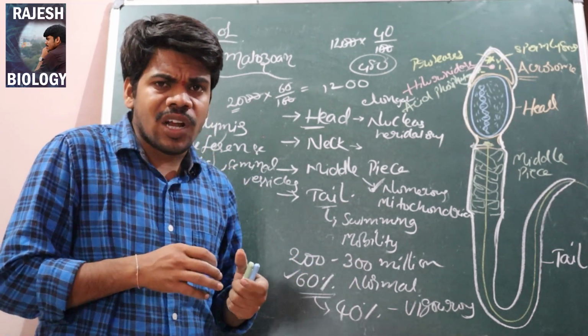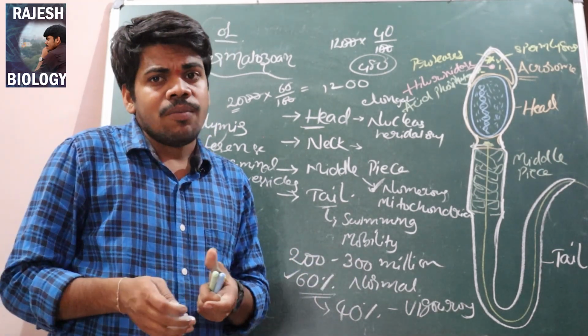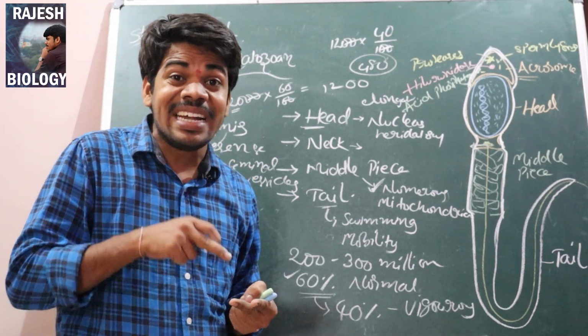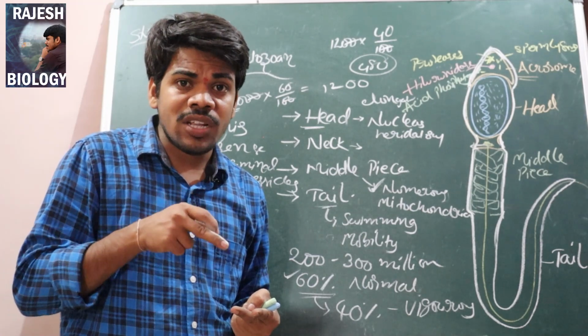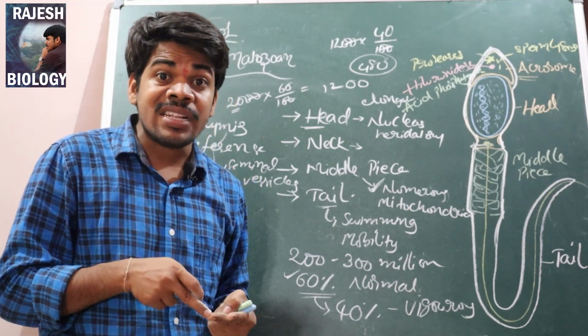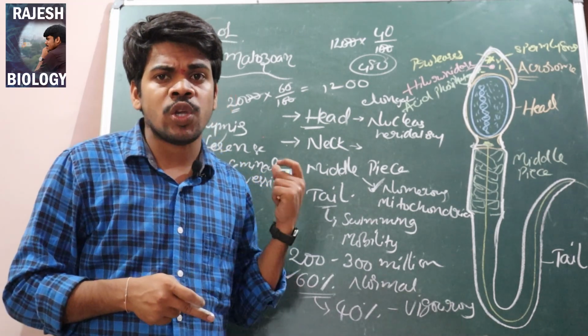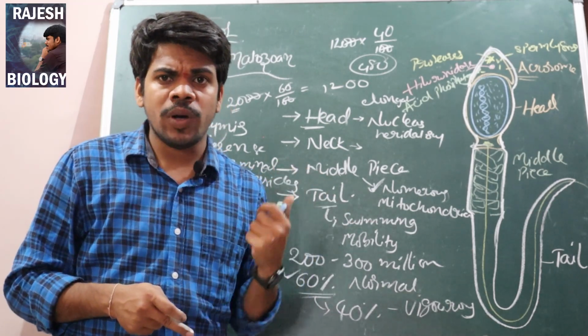The secretions of the accessory glands and the accessory ducts are helpful for the maturation of spermatozoa.